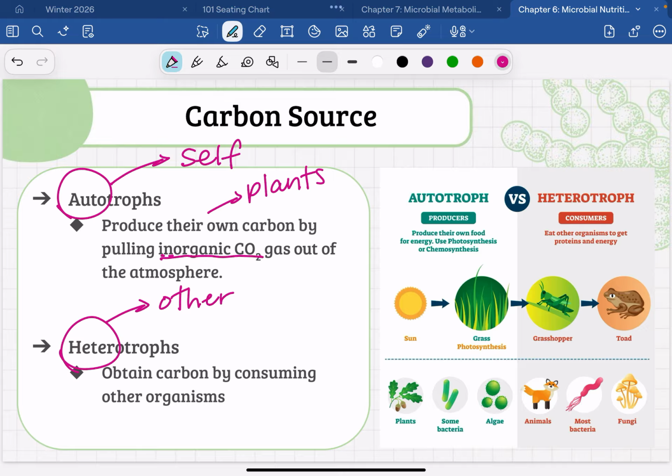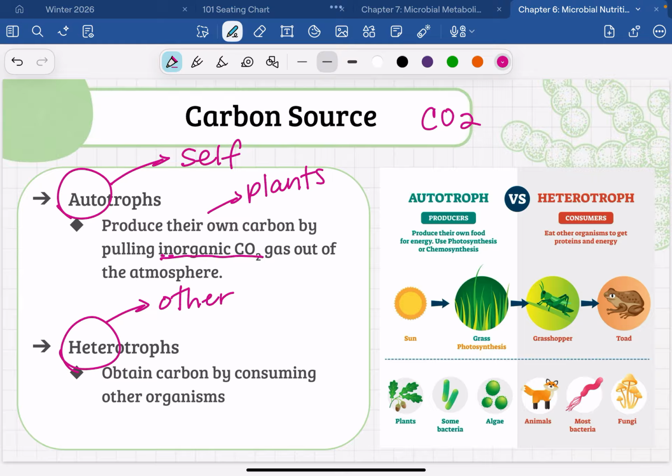If you take CO2, that's a carbon and two oxygens. If you pull off the carbon, what you're left with is oxygen. And that is what plants and algae and things like that put back into the atmosphere to provide the rest of us with oxygen. That's how all of us are able to survive, because there were organisms that pulled the carbon out of the carbon dioxide and made oxygen.